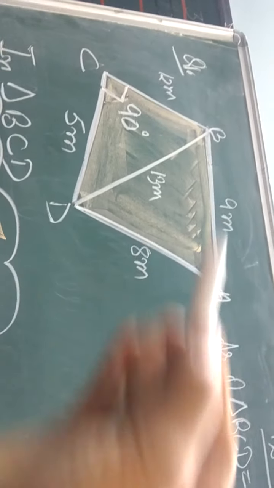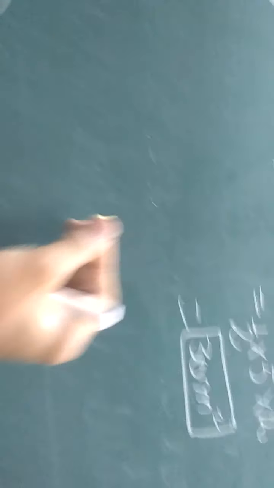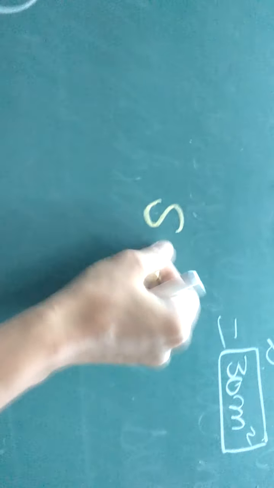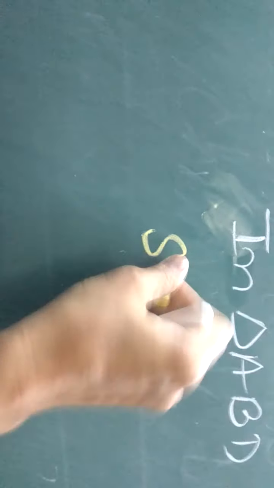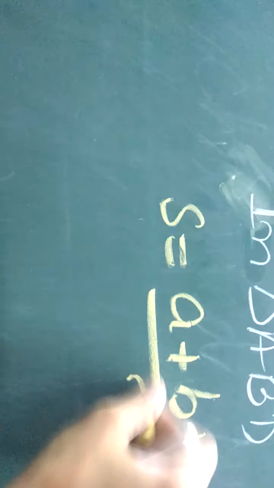Now to calculate the area of triangle ABD, we have to first find the semi-perimeter. And what is the formula for semi-perimeter? In triangle ABD, the formula for semi-perimeter is S is equal to A plus B plus C by 2.